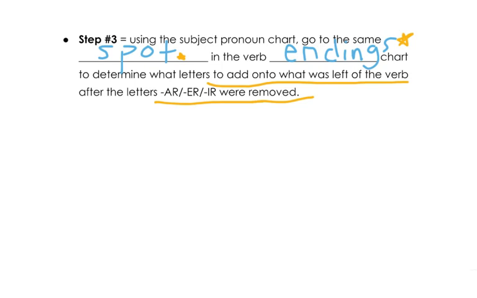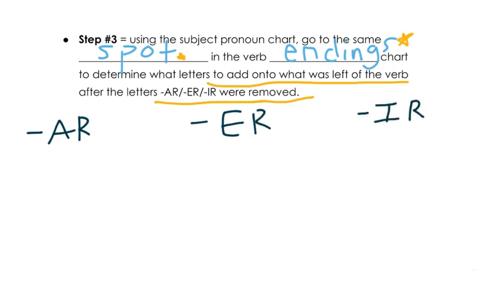So the 3 types of verbs, AR, ER, and IR, they all 3 have their own verb endings chart. And a verb endings chart is just a chart that shows you what letters you need to add on to the end of what was left after we remove the AR, ER, and IR to change who's doing it. So we'll do our chart for AR, our chart for ER, and our chart for IR.